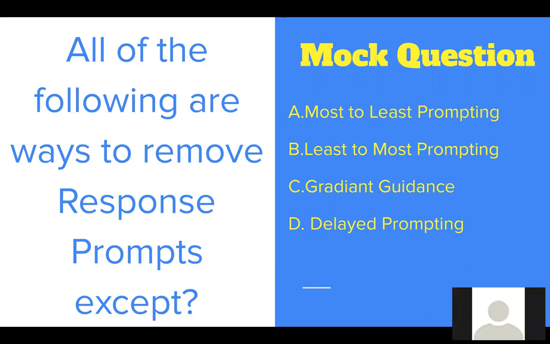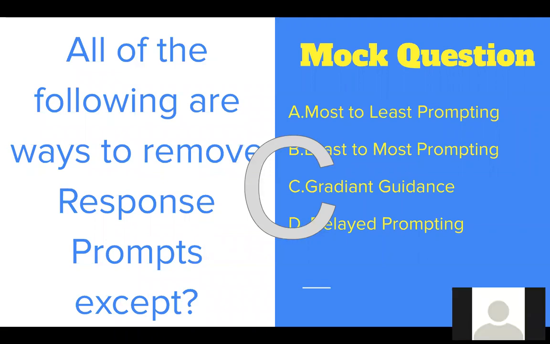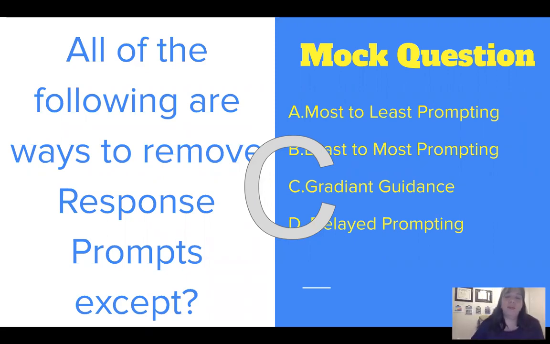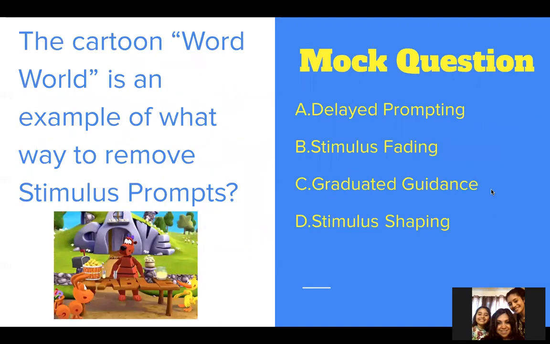C. I have one C. C. One more. C. Awesome. Yes, C. Why is it C? There's no such thing as gradient guidance. What should it be? Graduated guidance. Perfect.